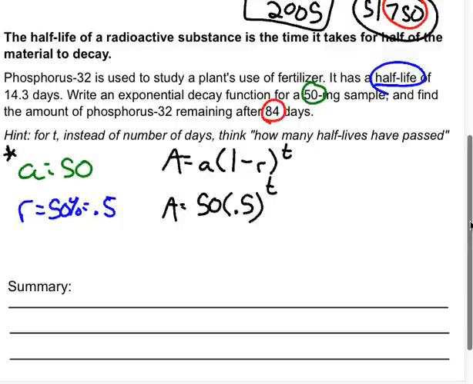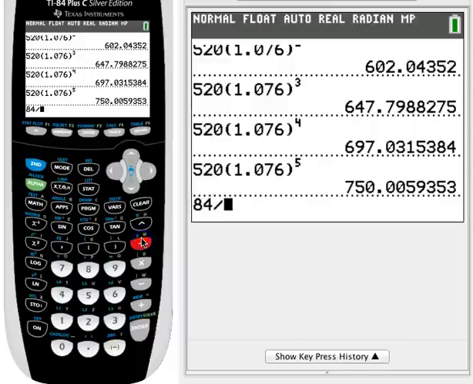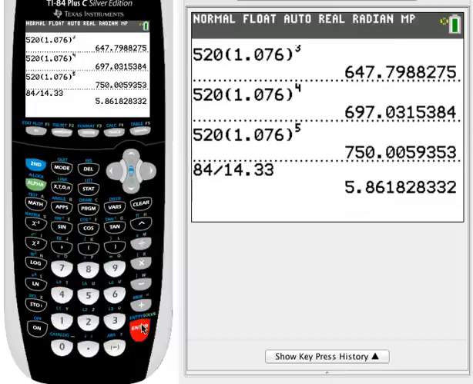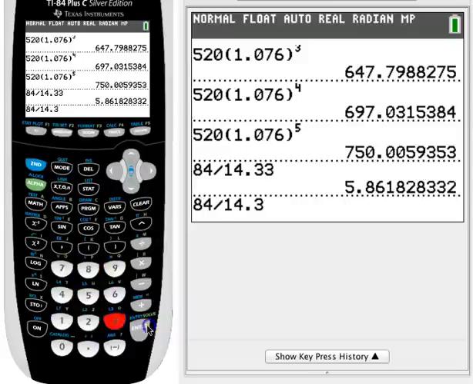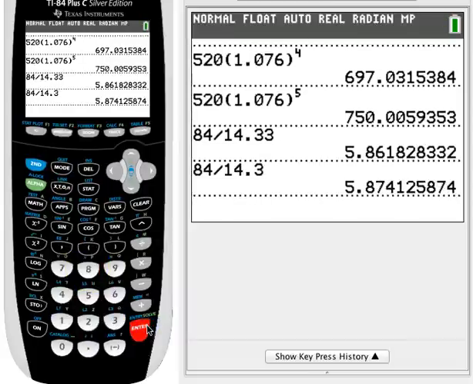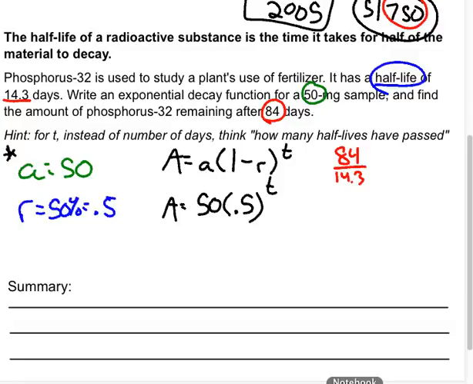In 84 days, how many of those half-lives have passed? Well, that's going to be 84 divided by 14.3. That's how many half-lives will have passed. So let's see. 84 divided by 14.3. It's about 5.87 half-lives that have passed. All right, so that's what we're going to use for t.